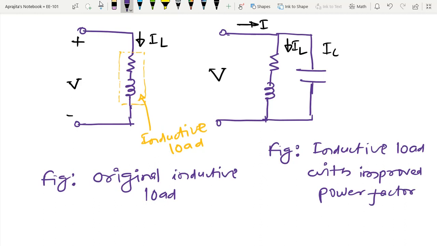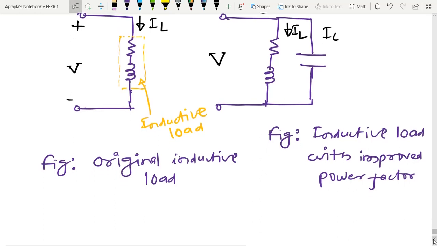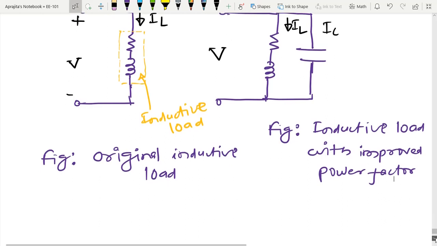So let us try to see why I am calling this an improved power factor. Suppose that initially I have this inductive load and its power factor angle is θ1.